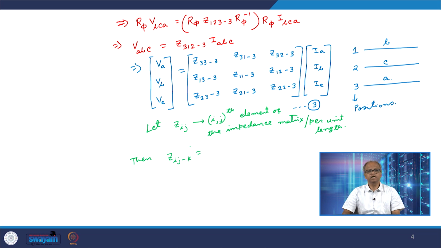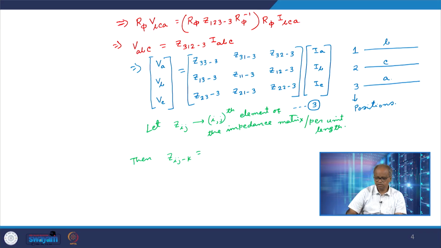Zijk is nothing but the element of the impedance matrix corresponding to the total length of section K. Now, what are the lengths of the sections? For K equal to 1 the length is S1, for K equal to 2 the length is S2, for K equal to 3 the length is S3.